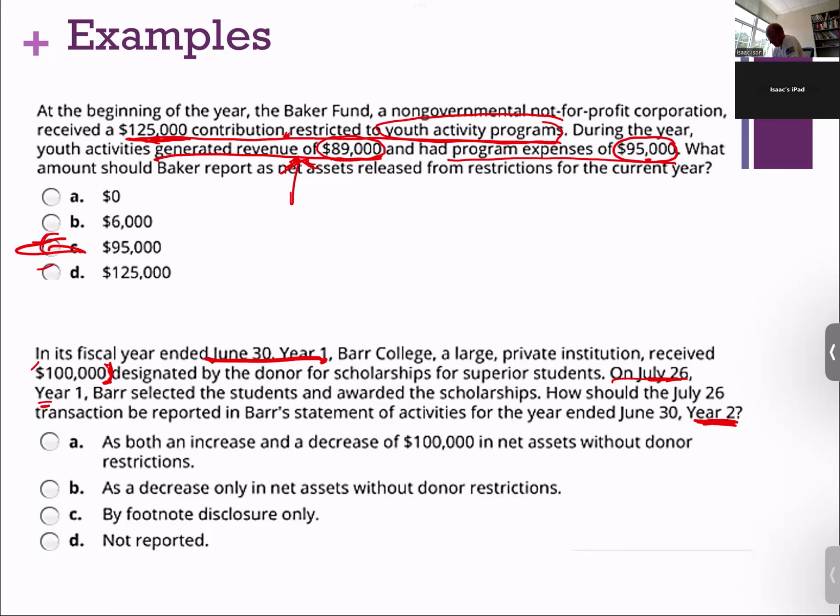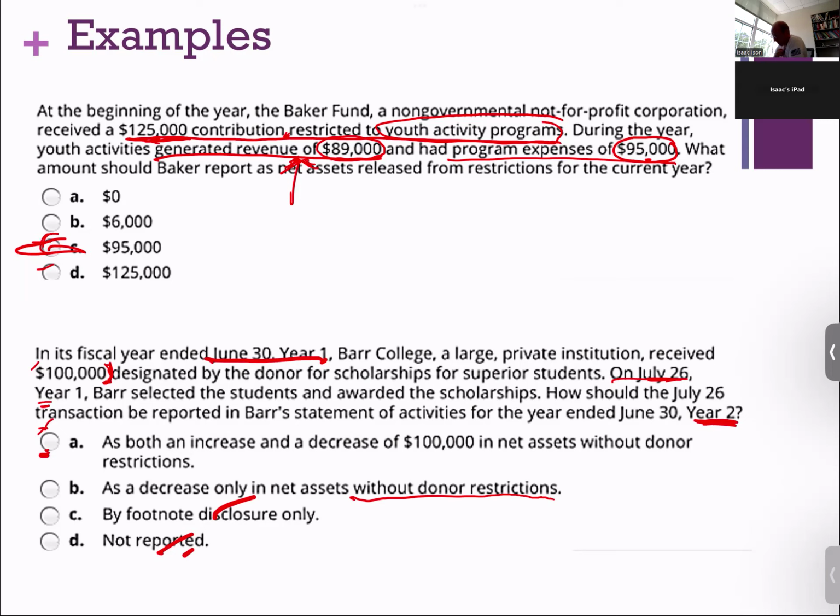Okay. If you look at this next one, as a decrease only in net assets without donor restrictions. Well, the issue with this one is, where do we show where the money came in, right? So we need to be able to show that. And then the other two just aren't correct at all. Like, we've got to do journal entries to show we've received the money and spent the money. Okay, so A is the most correct, even though it is kind of tying into that exception to the rule a little bit.